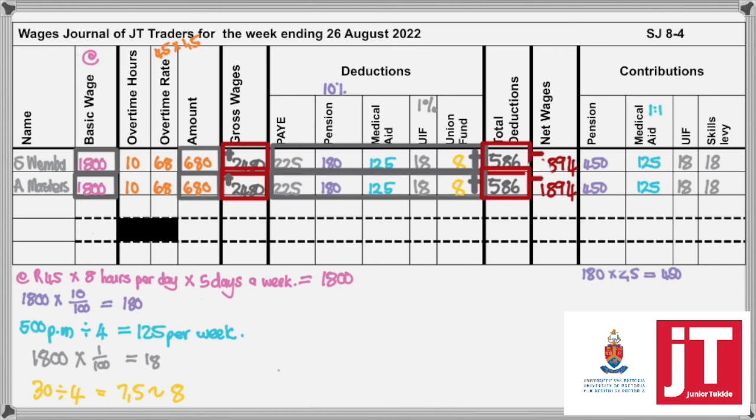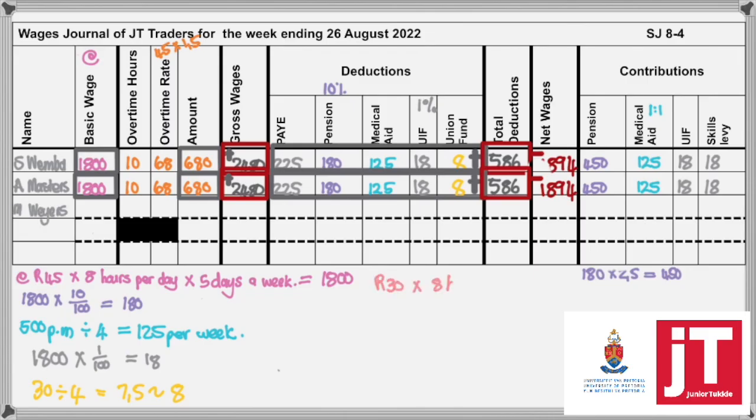So Masters and Wemba, by coincidence, actually worked out exactly the same for the month. Sorry about the typo there for the basic salary. It is exactly the same by coincidence that they work the same weekly, or they get the same rate, or they work the same overtime, so the calculations remain the same.